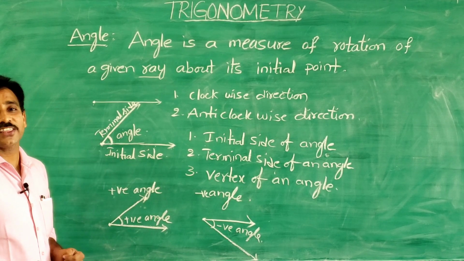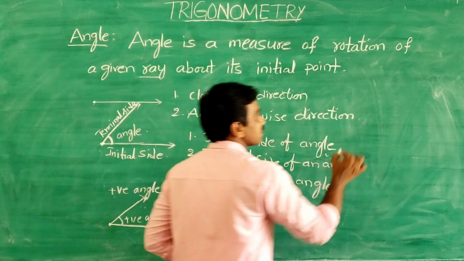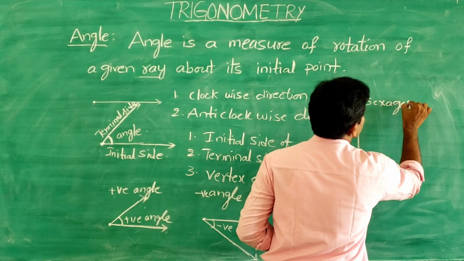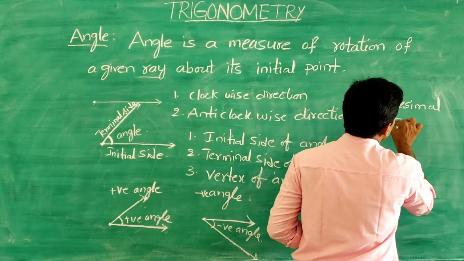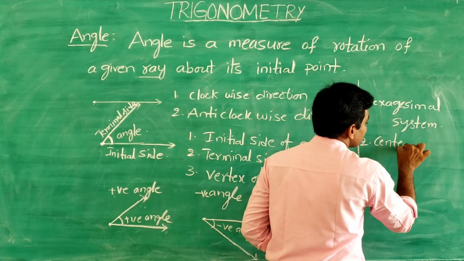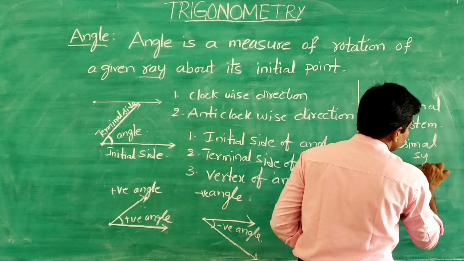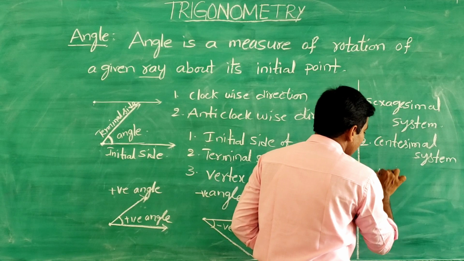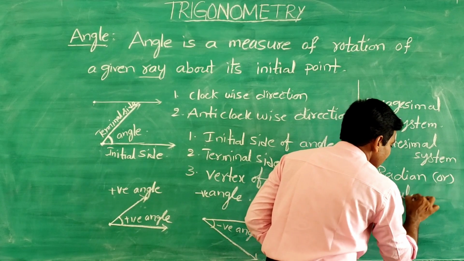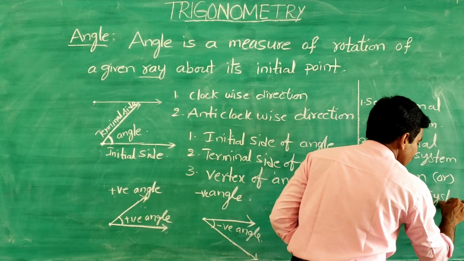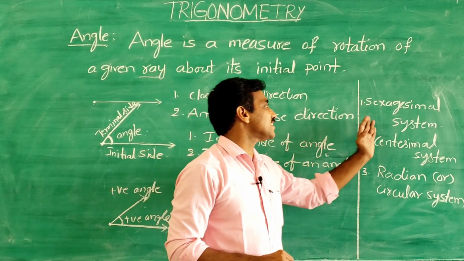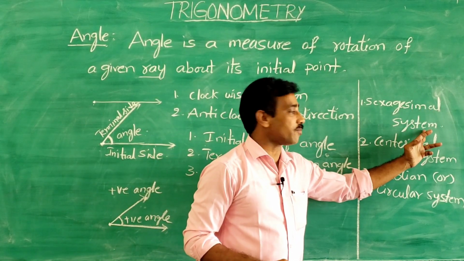Now, this angle is measured by three systems. One is the sexagesimal system, also called the English system.